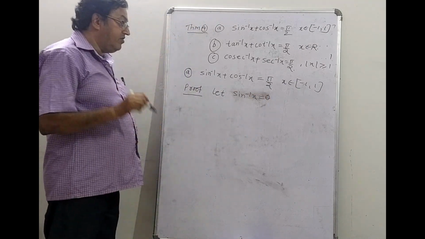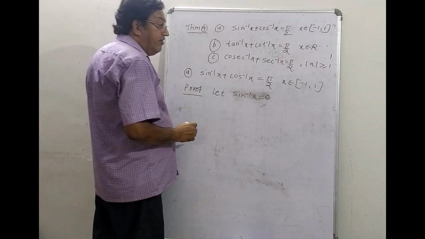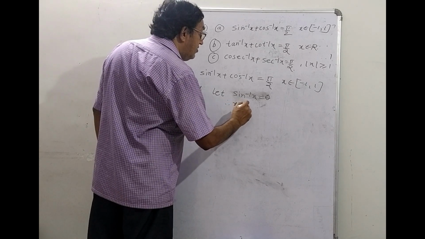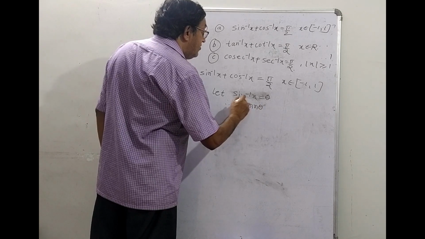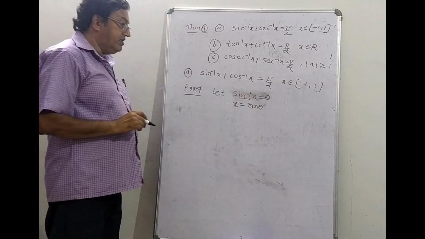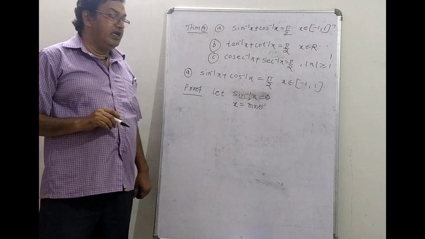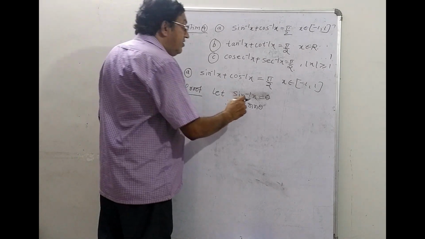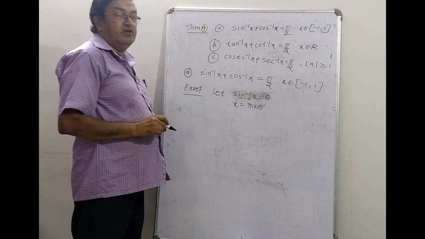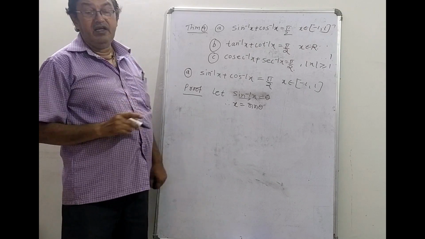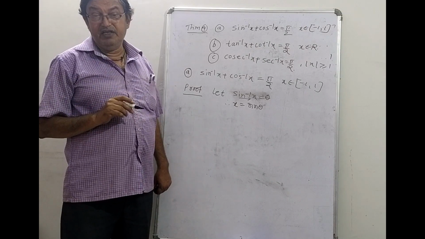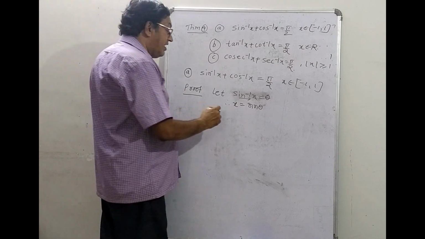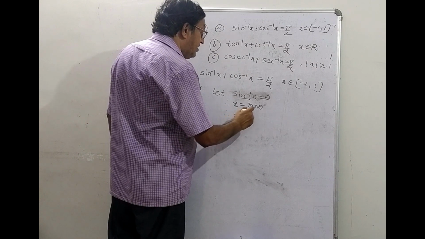So when I take sin inverse of x equals theta, using the definition of inverse trigonometric function, we can write x is equal to sin theta. Now using allied angles, this sin theta we can write as cos of 90 minus theta, because cos of 90 minus theta is sin theta.